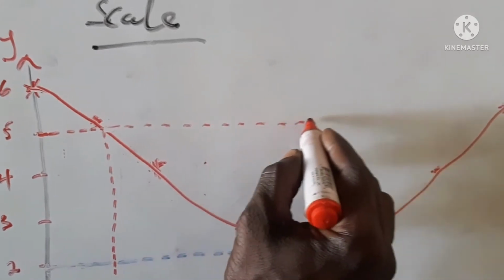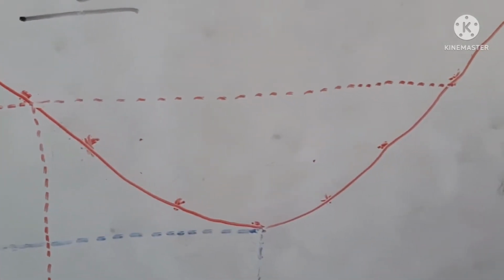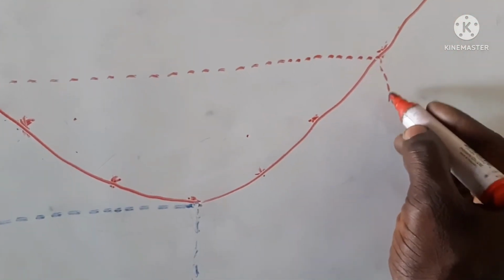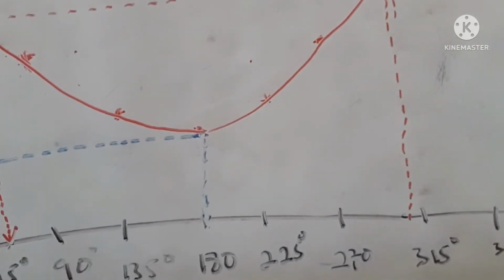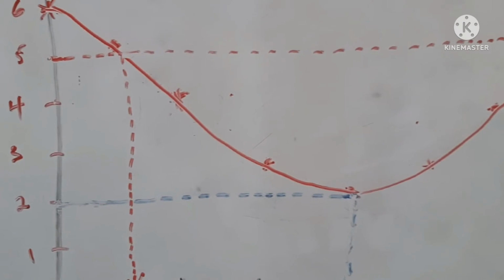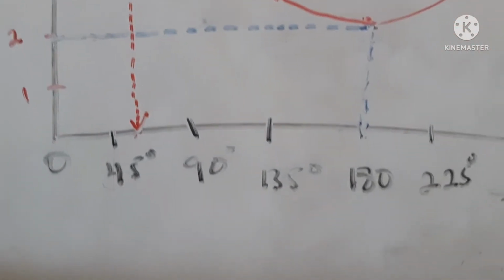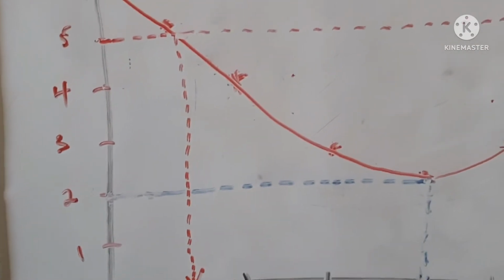So you just need to keep on going until you get there, and then you move down here to locate your value. So this is how simple it is to find the values of x when y is given, depending on whatever they have given you.